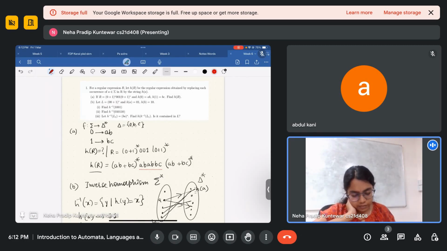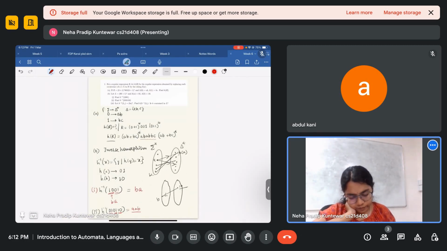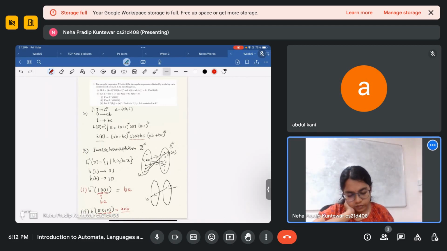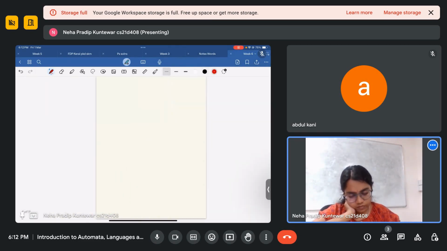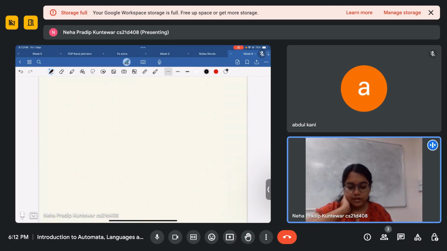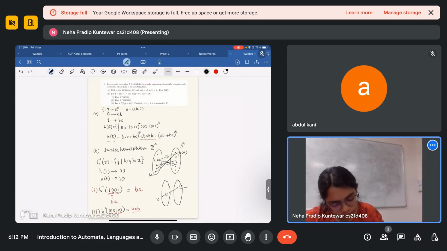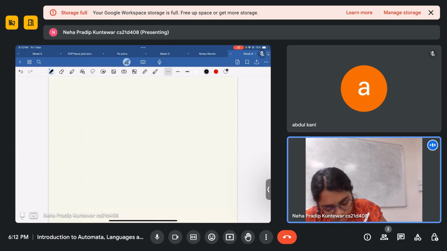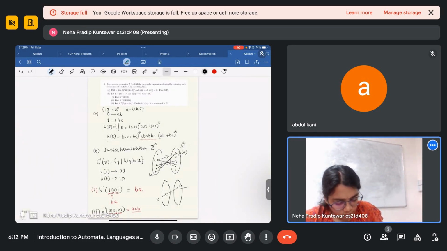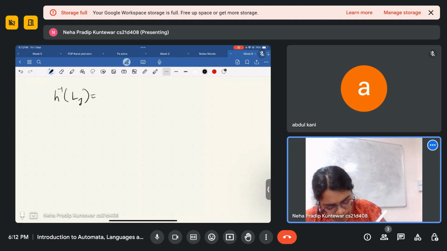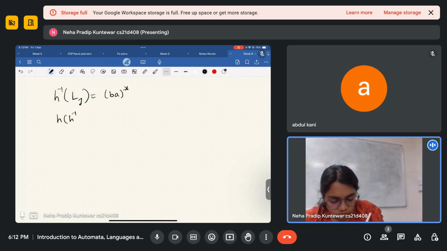Then let's look at the third part. This says that H inverse of some language L1 is BA star. Then what happens to H of H inverse of L1?